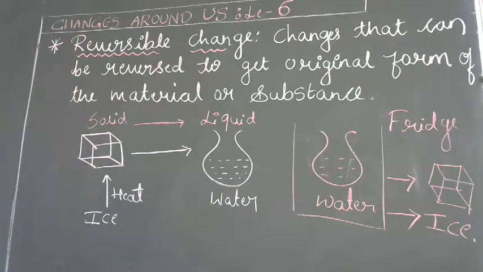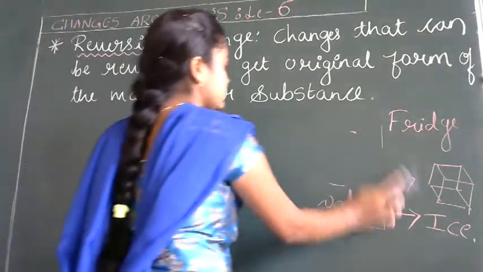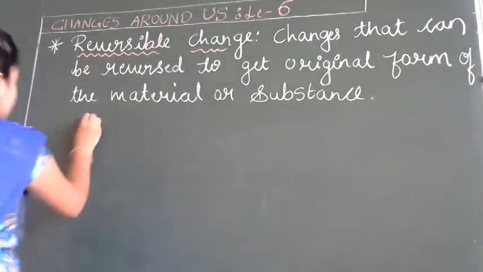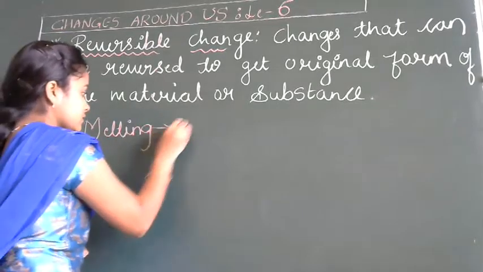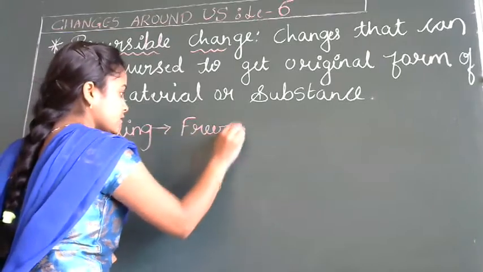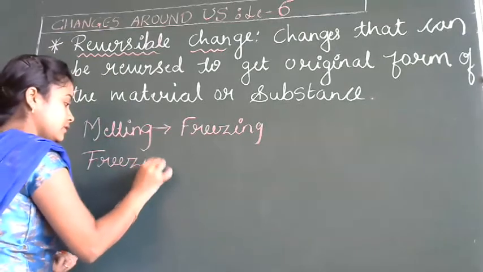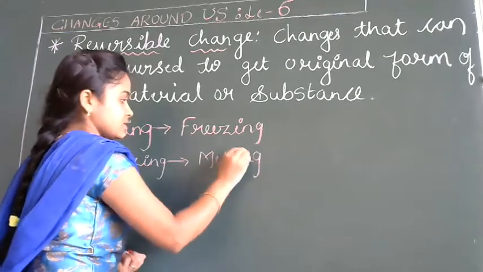Now, one more example I'll give you. The change we saw is melting into freezing, then again freezing can be followed by the melting process.